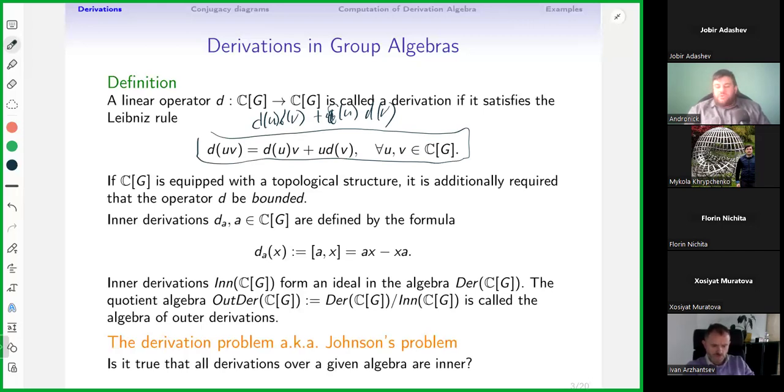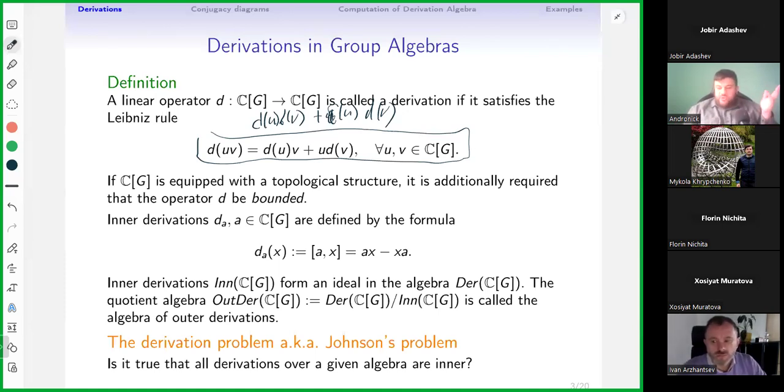But you can also add a grading structure to this. If you have a structure of graded algebra on the group algebra, then you can consider so-called graded derivations. It is also a construction which is near to the main goal of my talk.